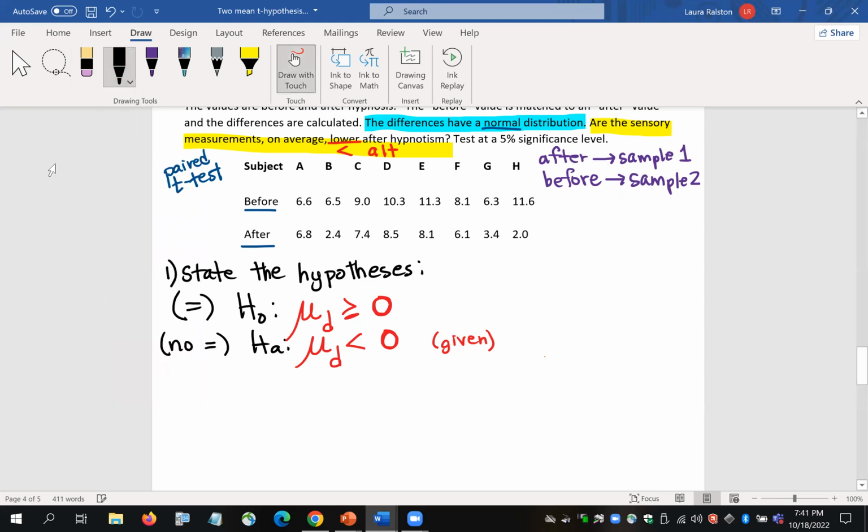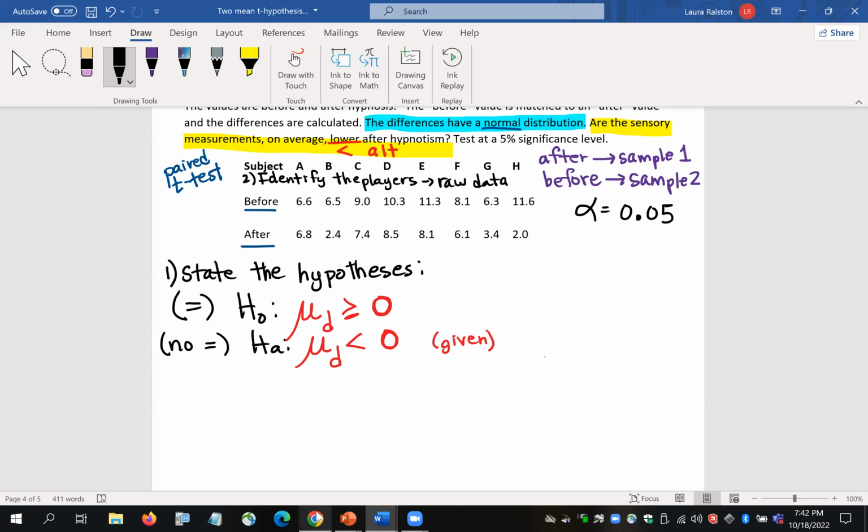Step 2 is to identify the players, which in our case is the raw data that's given to us in this table. We also need our alpha, which is 5%, or 0.05.